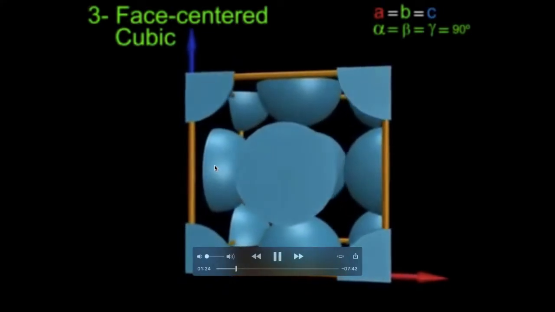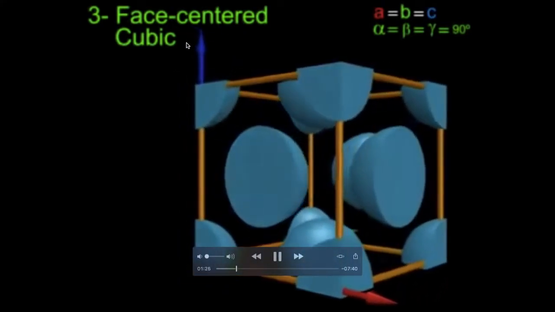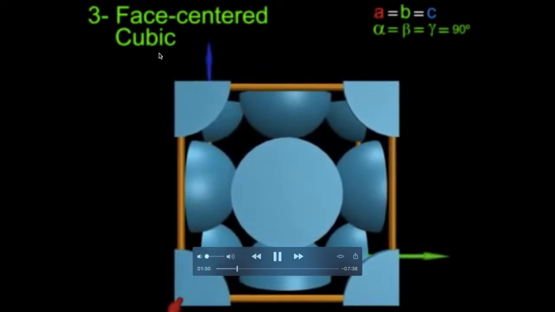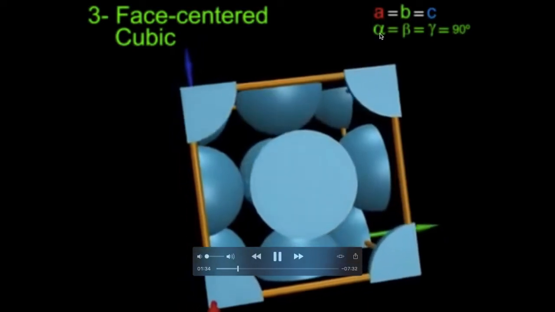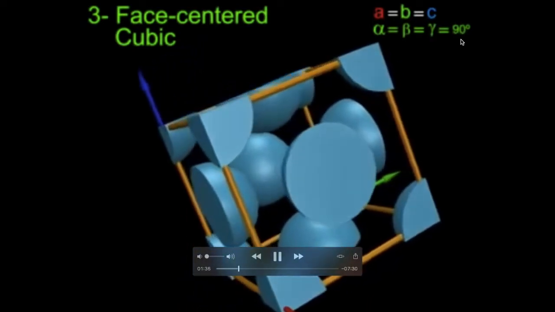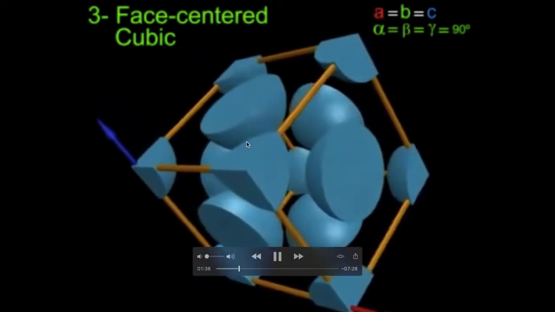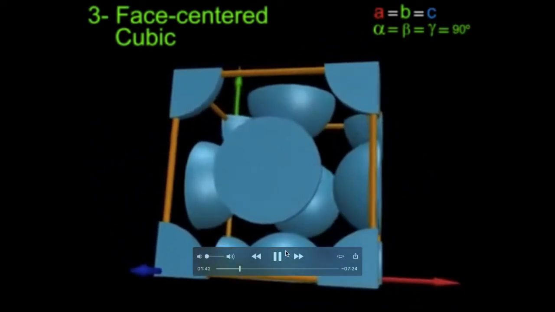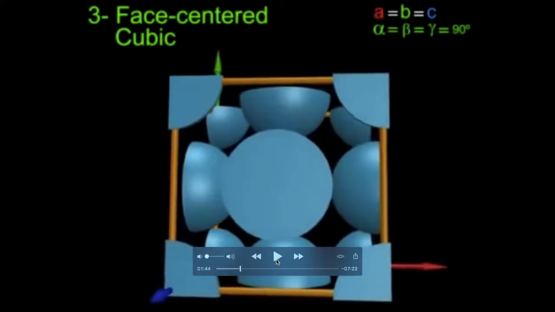Next type of unit cell is face centered cubic. As we know, in a cubic unit cell, a = b = c and alpha = beta = gamma = 90 degrees, and particles are present at the faces of the unit cell.